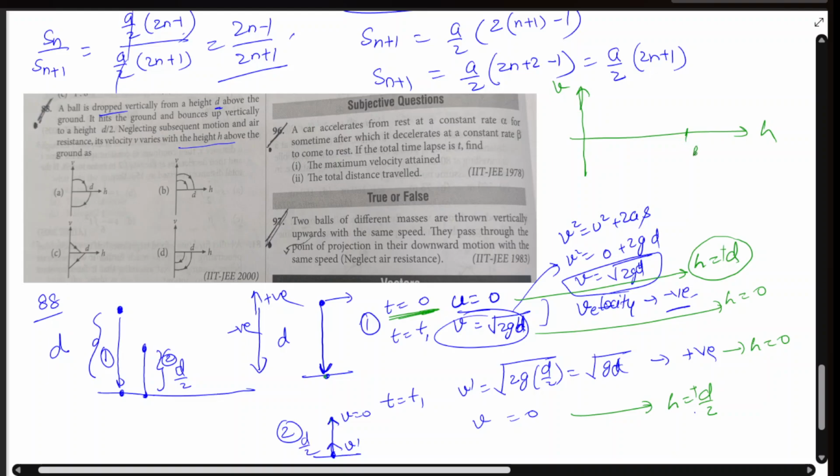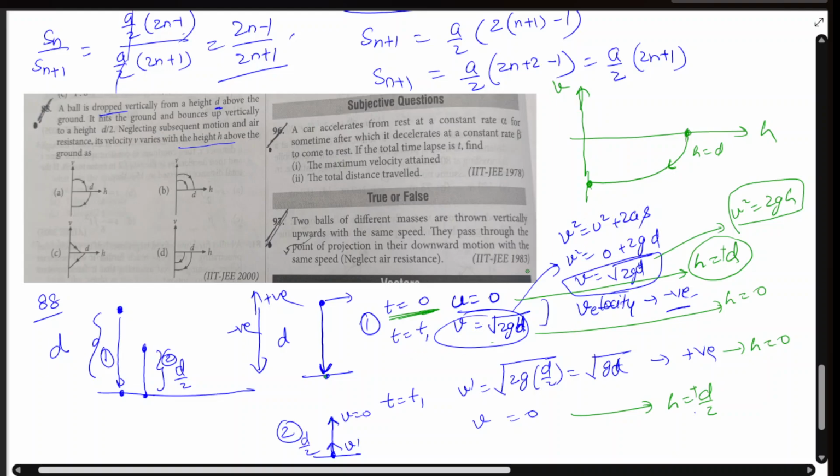Let's suppose this is h equals d. The particle is here, and the speed is increasing, but the velocity is negative, so the graph will go downside. It will be a parabolic graph, because v square will be 2gh. This is the equation of a parabola, so the particle will go like this.